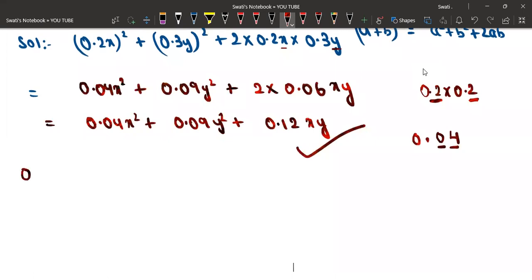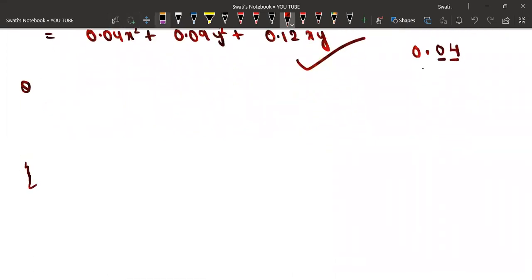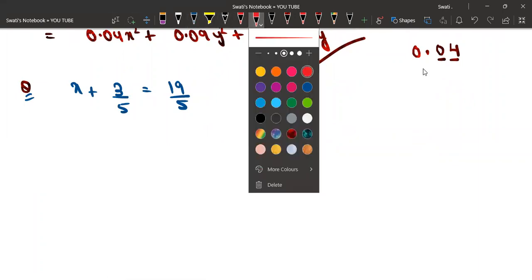The next question is very simple. We simply need to find out the value of x. So we have x plus 3 by 5 equals 19 by 5, and we have to find the value of x.